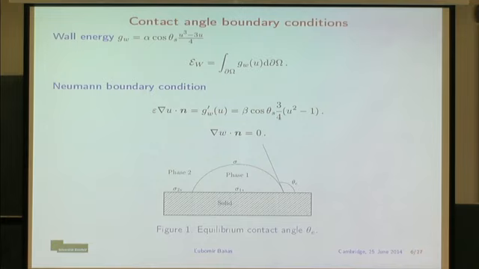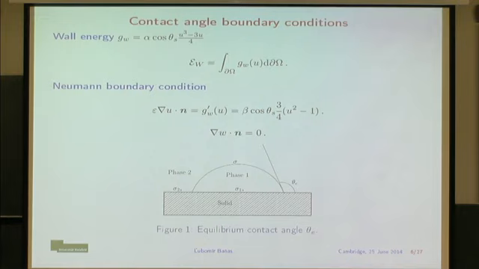Maybe a few things that are interesting from the modeling point of view. For instance, it is often necessary for applications to impose a contact angle. So for instance, we have here a solid wall, there is one fluid, and there is a droplet of other fluid adjacent to this solid. And depending on the interfacial properties of these fluids and the solid, we can have different contact angles.